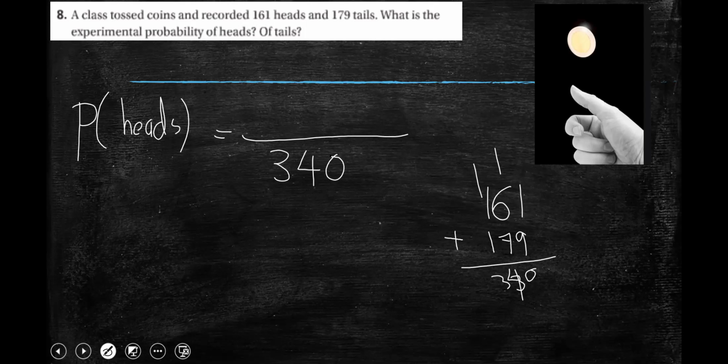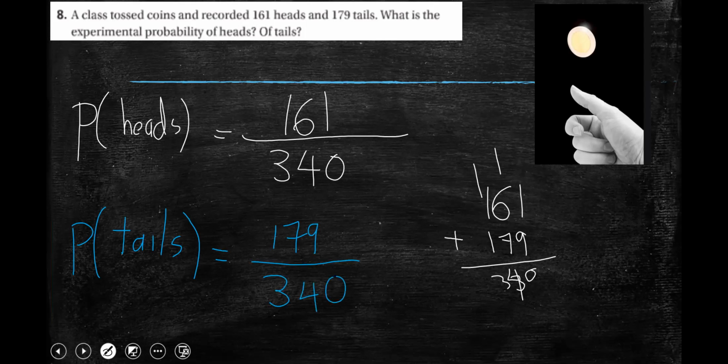This is the number of trials. Now, how many times will the event of getting head occur? 161. Now, what is the probability of getting tail? 179 over 340. Is it clear? Yes.